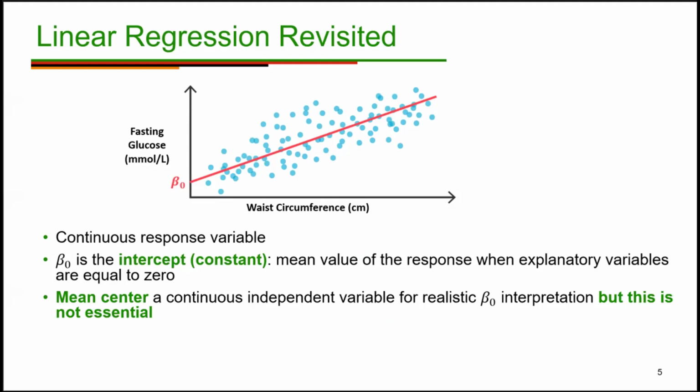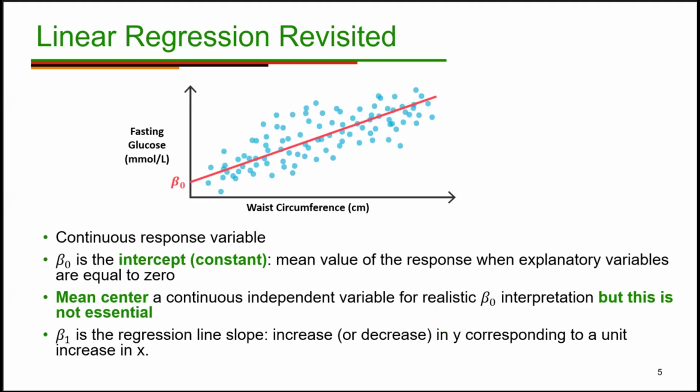Basically, you subtract the mean value from each of the observed points that you have, such that beta naught, which is the intercept, will represent the mean value of that continuous variable instead of a 0. So it becomes a little bit more interpretable and would be meaningful. And you'll see what that is like when we get to do our example. It can be a confusing concept, but you will appreciate it in the example that we will do.